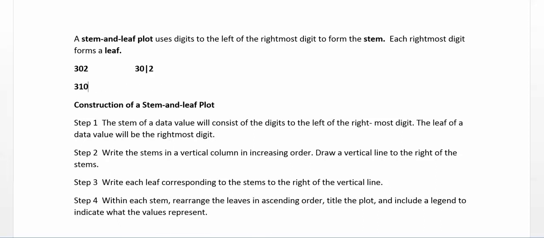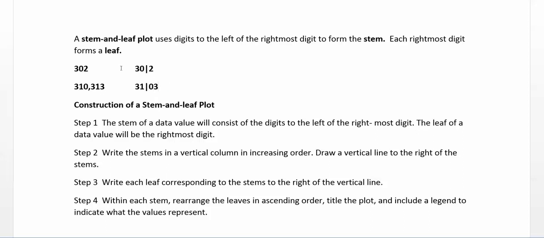If the next number up was 310, then it'd be 31 with that same line, and then any data that, say I had 310 and 313, then I would have a 31 and then a 0 and a 3 afterwards. So the 0 would represent 310 and the 3 would represent 313.